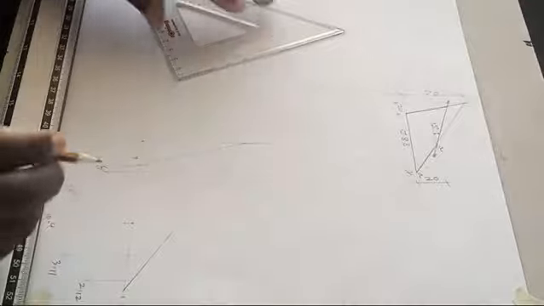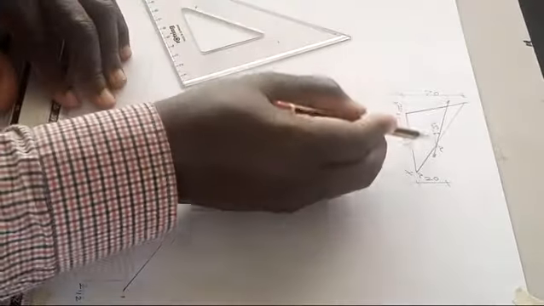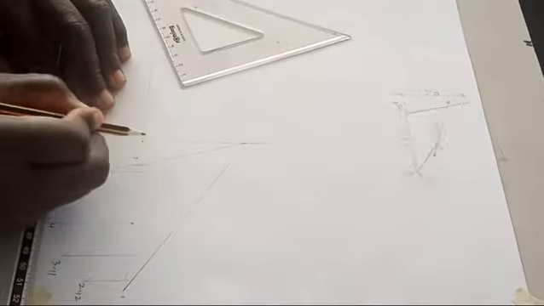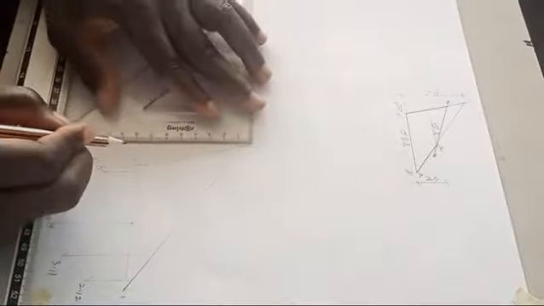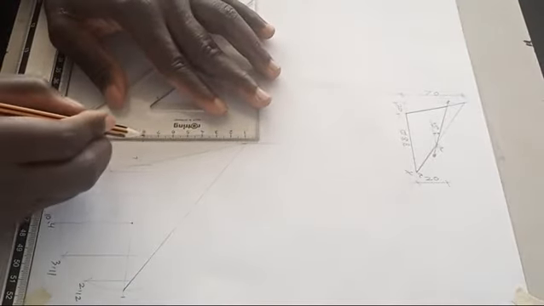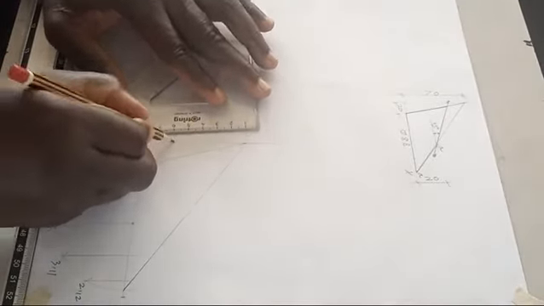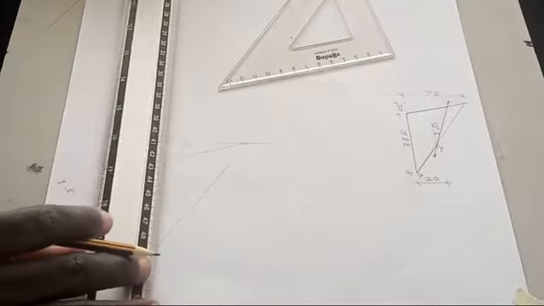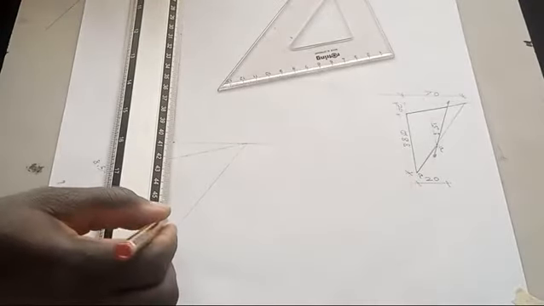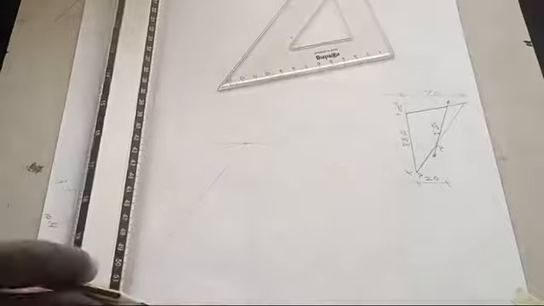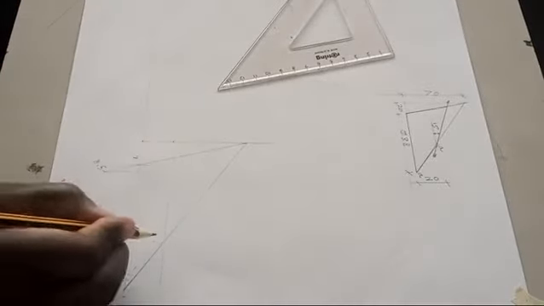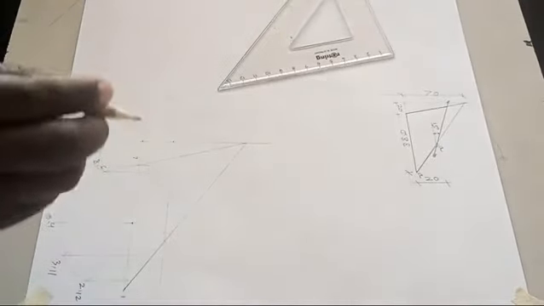Now we need to measure 20. This point is 20 from the base, so we can use this one. Let us measure 20 here. If you measure 20 here, this is the point of 20. So at this point, you can draw a thin horizontal line like this. It is 15 degrees at this point.